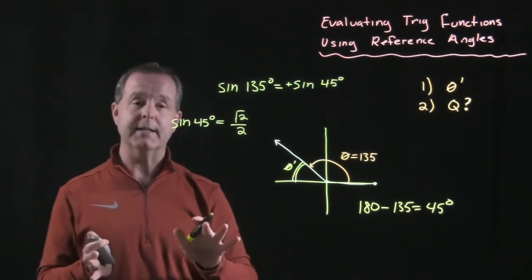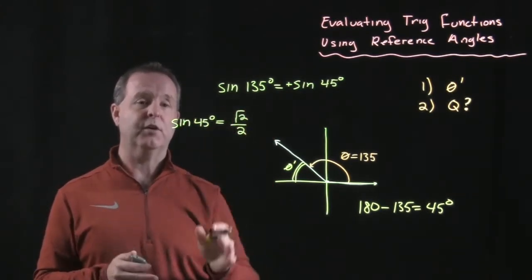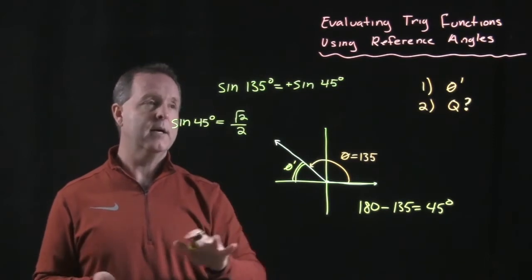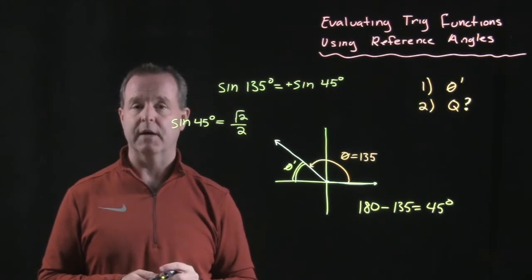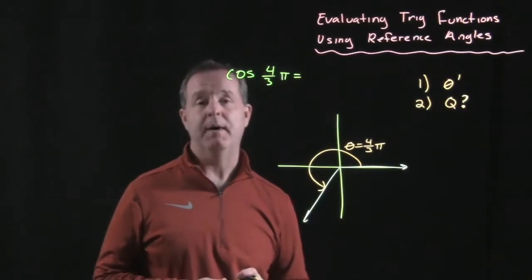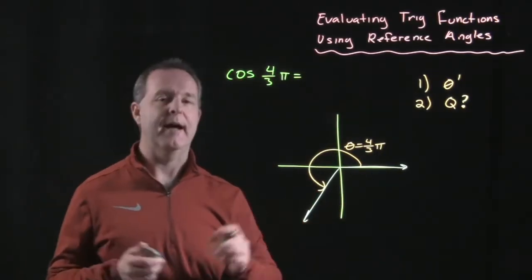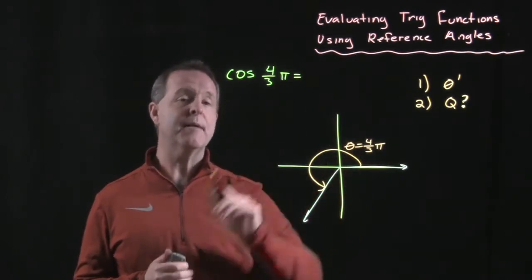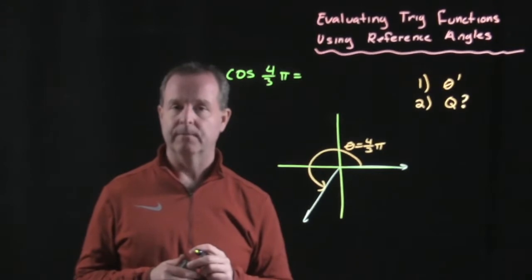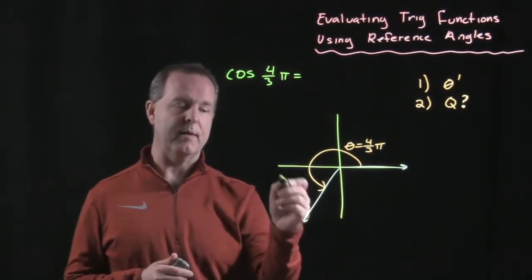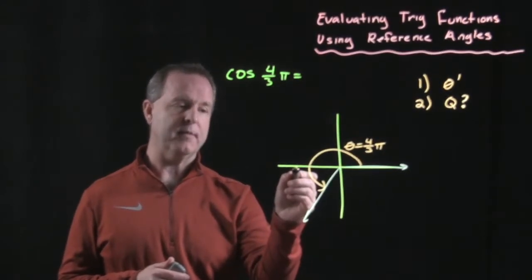So we can find angle measurements of degrees greater than 90 degrees by using the reference angles to help us determine what some of those trigonometric functions are. Cosine of 4/3 pi. How can we evaluate that? Well, first of all, we have a two-step process which begins with, can we identify its reference angle? Reference angle was the remaining angle closest to the sweep to the x-axis.